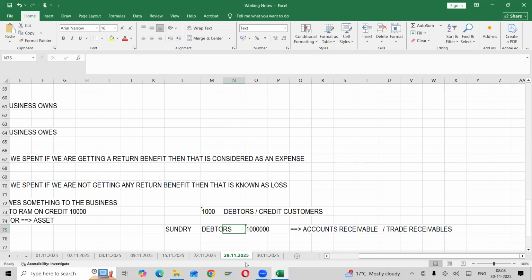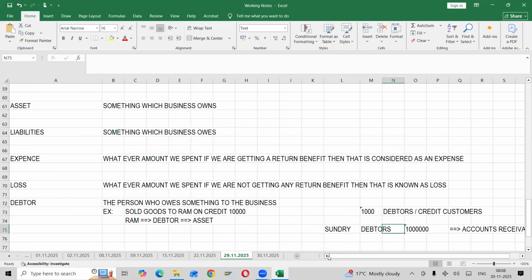Next, we have one more term, sundry creditors. Debtors and creditors, without these no business, company or organization will run. So what do you mean by creditor? Opposite to this.